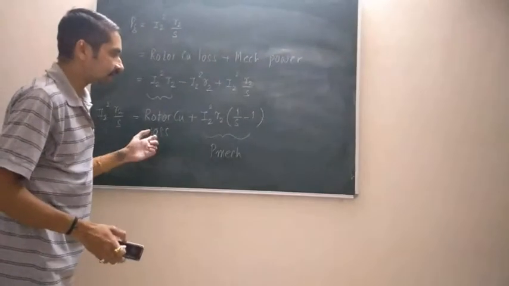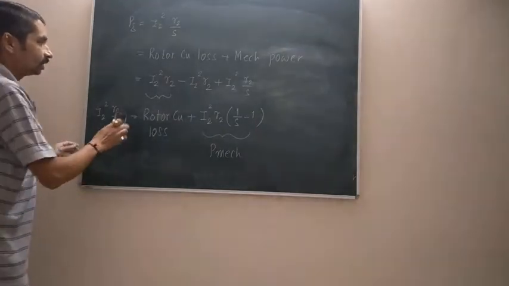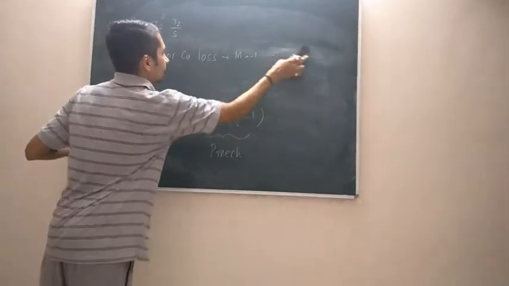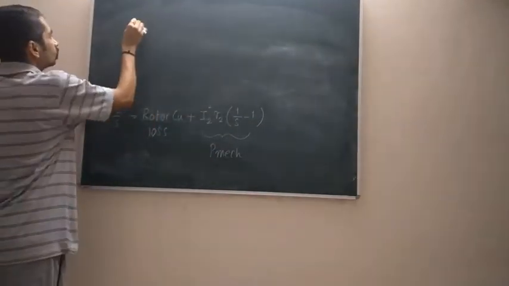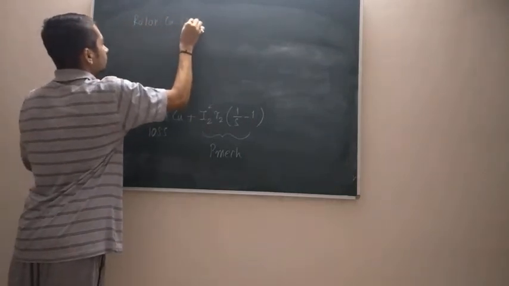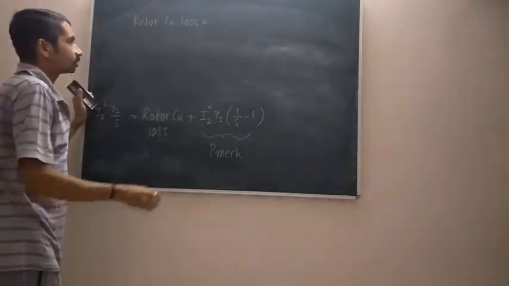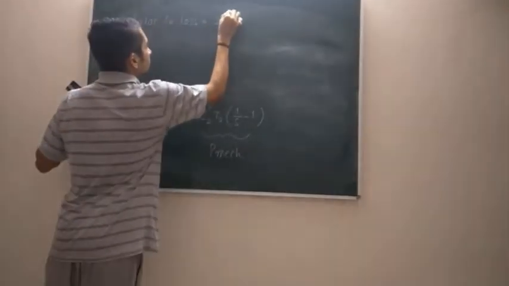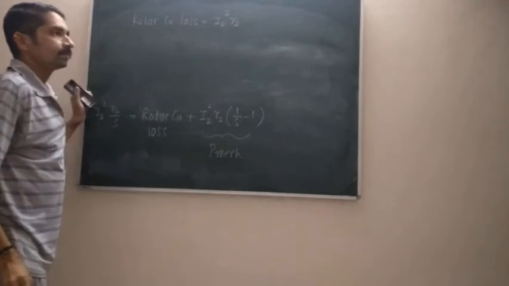I hope all of you understood up to this particular stage. Let us proceed further. My rotor copper losses are given by the expression I2 square R2.